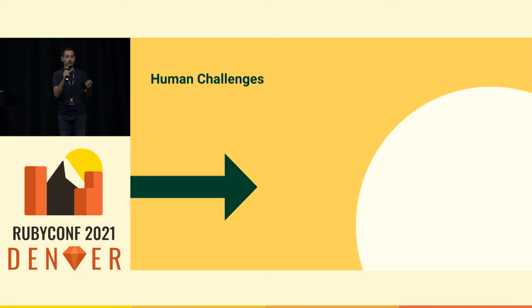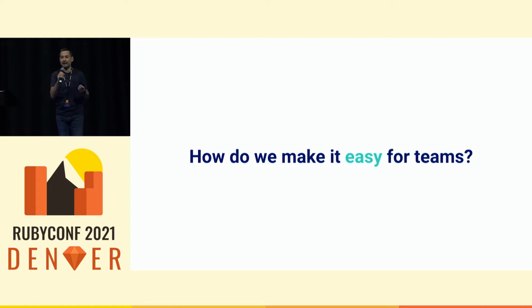Before we embarked on this journey, there were a few challenges that we needed to solve. As a technical team, it's very easy to concentrate on the technical challenges that you should be solving. But the more important problems are the human challenges. How do we make it easy for teams to adopt this new gradual typing in our codebase?